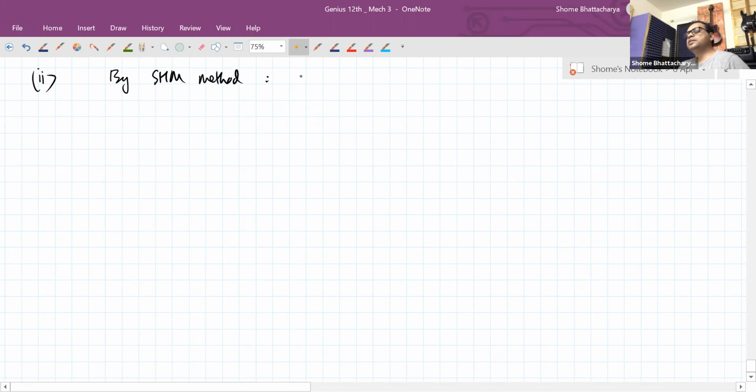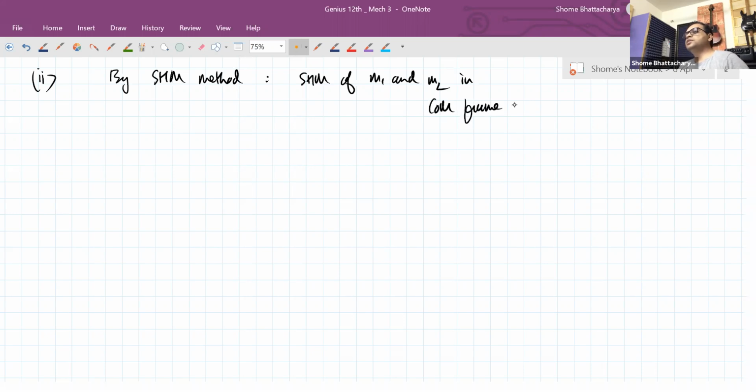That is by examining SHM of M1 and M2 in the center of mass frame. Okay, but mind you, in this case, the center of mass frame becomes a non-inertial frame because the center of mass is accelerated. Okay, so that makes this question doubly more interesting, whether we solve by fundamentals or we solve by SHM method.